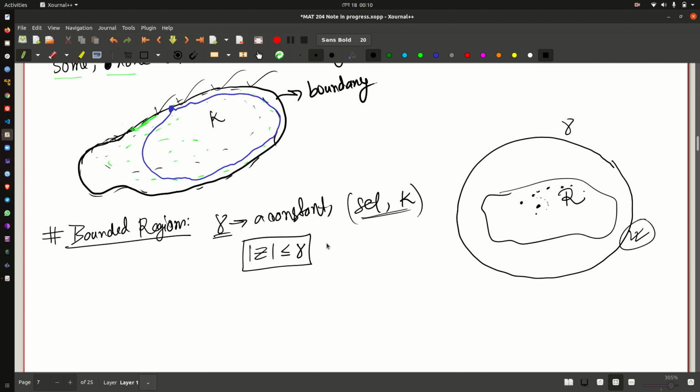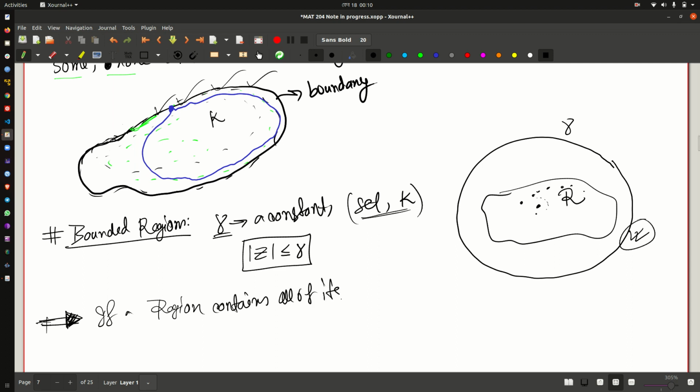This is not a separate definition, but one that comes within this bounded region discussion. So if a region contains all of its boundary points, then it's called a closed region.